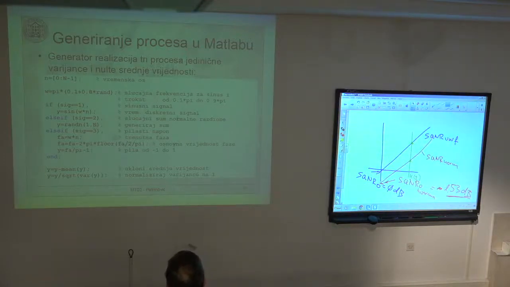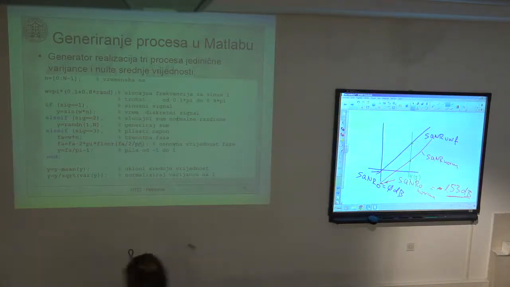Finally, if I have the sawtooth wave signal, then I compute the instantaneous phase, the same phase as for the sinusoidal signal, omega times n. And I simply take the principal phase value. So I remove any integer multiple of 2 pi.